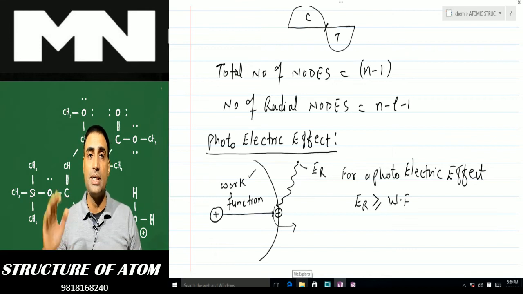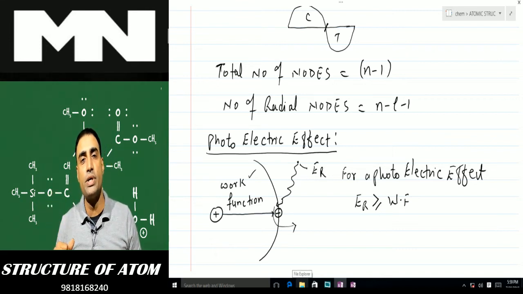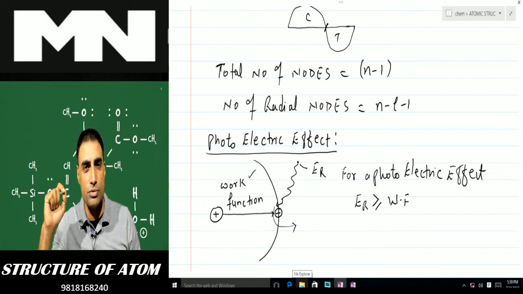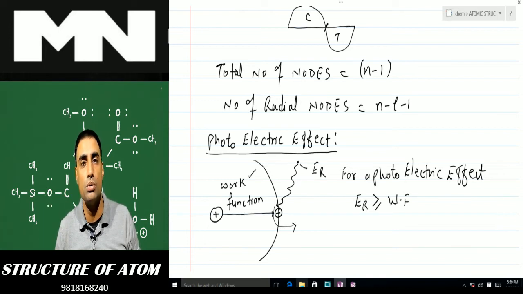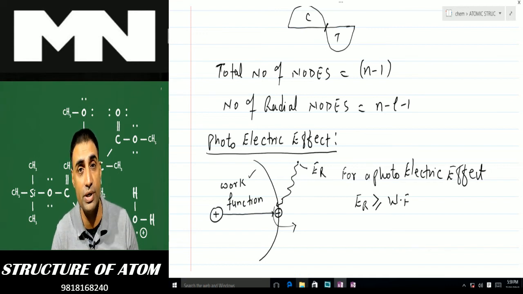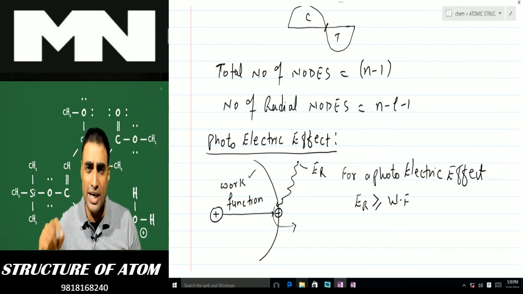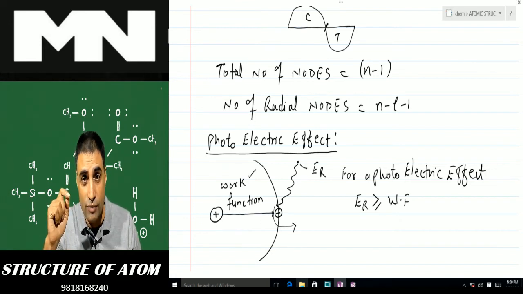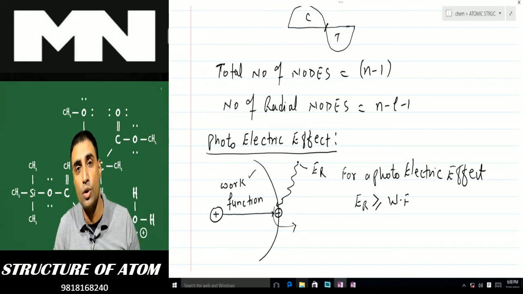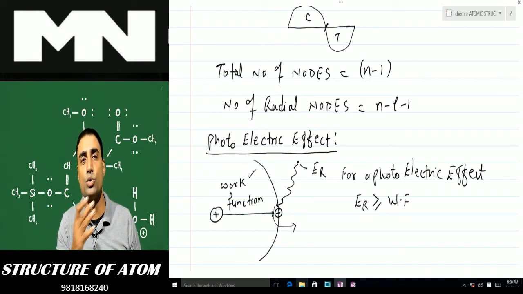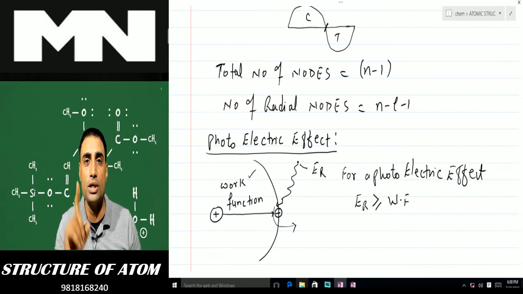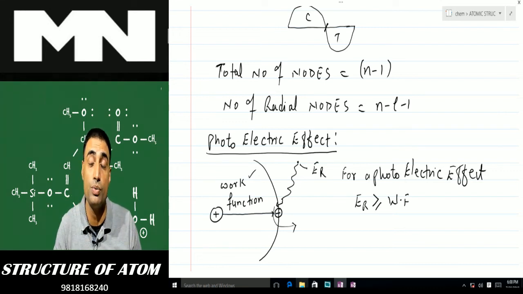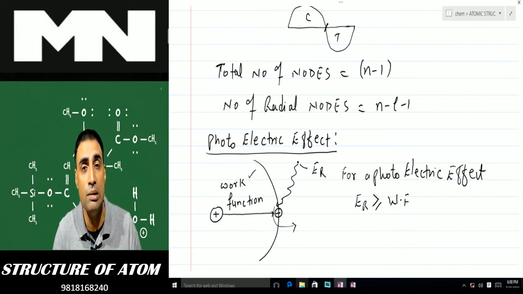Suppose the nucleus is attracting the valence electron with an energy of 10 kilojoule and the radiation striking the electron is 9 kilojoule. That radiation does not have sufficient energy to take out the electron, so no photoelectric effect will be observed. Suppose the radiation has an energy of 11 kilojoule. With 10 kilojoule it will take out that electron and 1 kilojoule will become the kinetic energy of the electron with which it will move, because energy can neither be created nor destroyed.